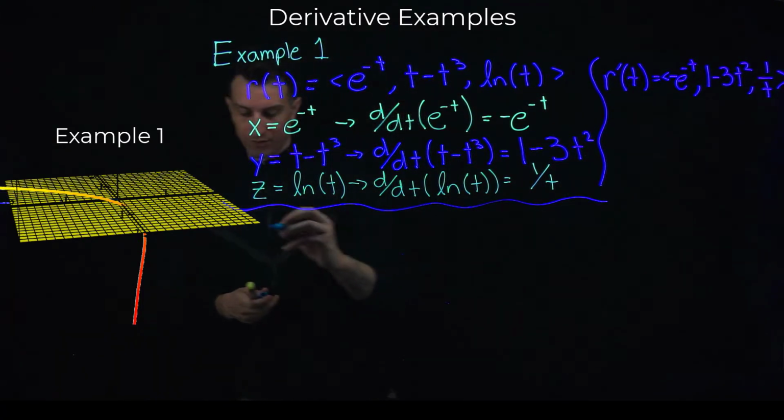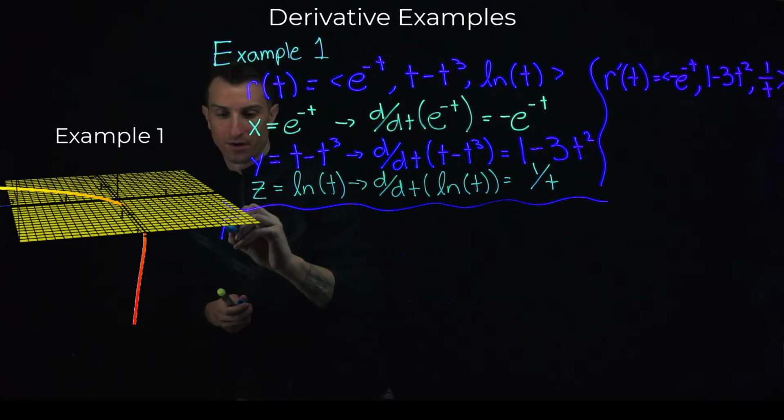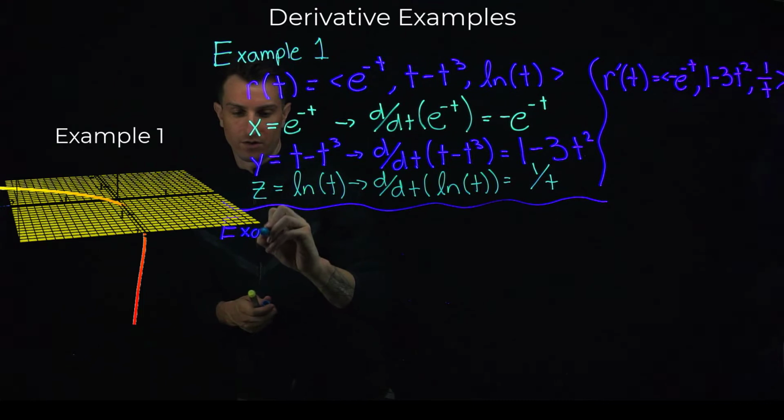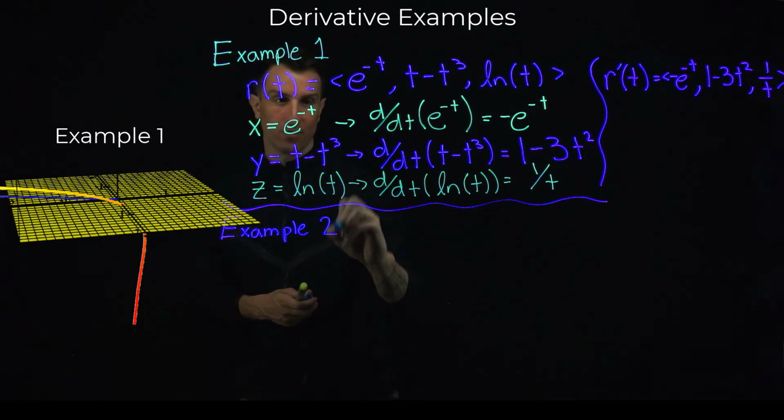Example 2 will be very similar as far as the first part set up. I'm going to skip a couple steps this time though, so we don't write out everything.